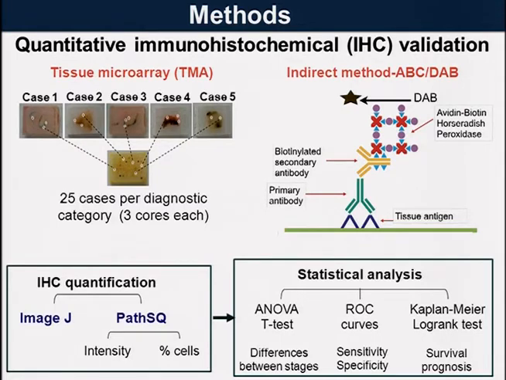On the other hand, we used another method, which is the PathSQ, a semi-quantitative scoring system for the DAB staining. Basically, a pathologist grades the intensity of the stain, with 0 being negative, 1 a light DAB stain, and 2 a dark DAB stain.